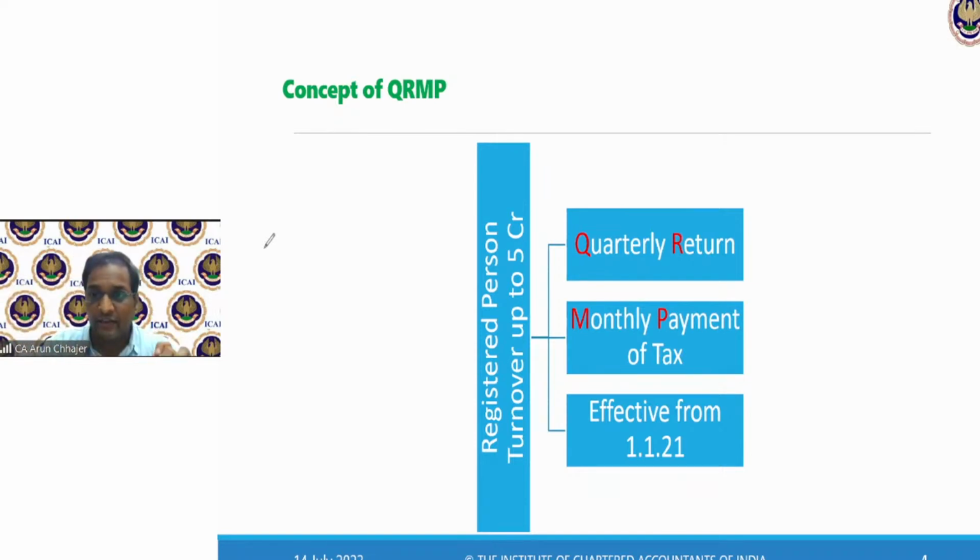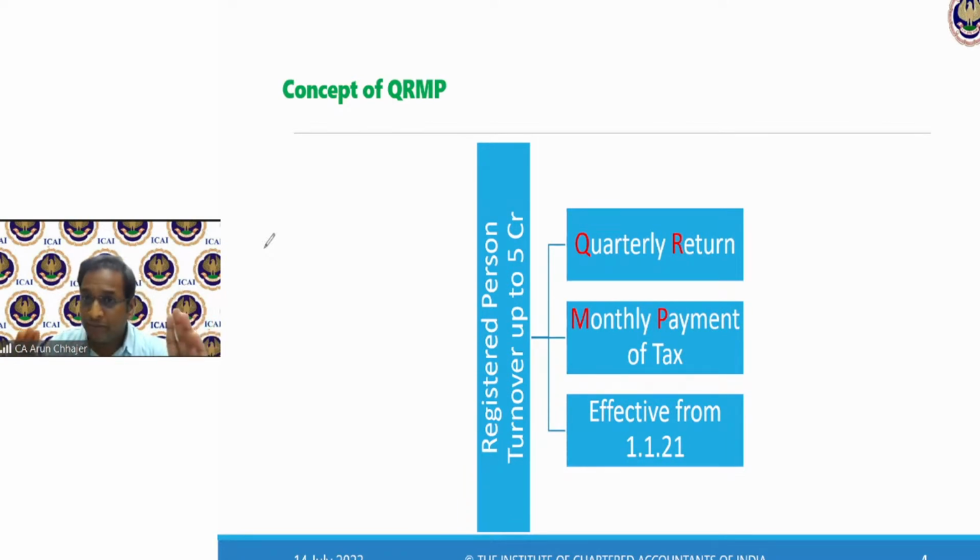What is the difference when we talk about aggregate turnover? When we talk about aggregate turnover, it means pan India. In this example, I have to merge all the sales and make a total of all the sales. It means 2 plus 2 plus 2, 6 crore. It is exceeding 5 crore. Yes, he cannot go for QRMP.